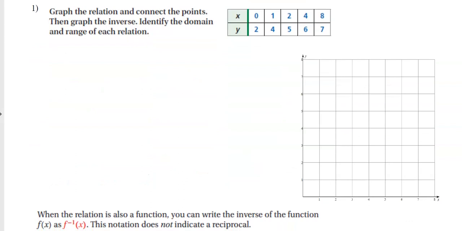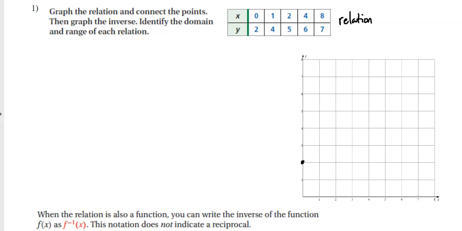Example 1 says graph the relation and connect the points, then graph the inverse, and identify the domain and range of each relation. So this is our relation. We don't know if it's a function or not. It may not pass the function test, but it's a relationship. When x is 0, y is 2. Put that on there.